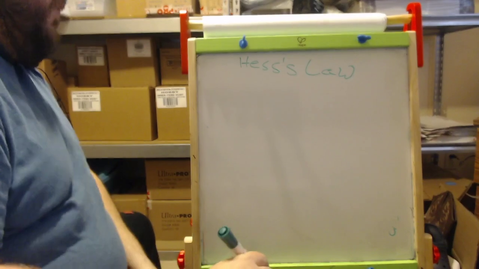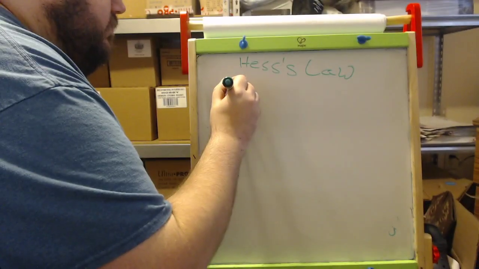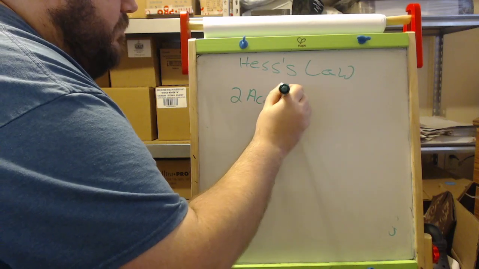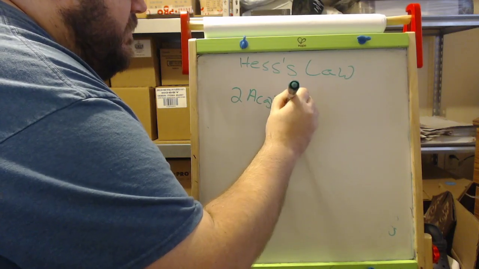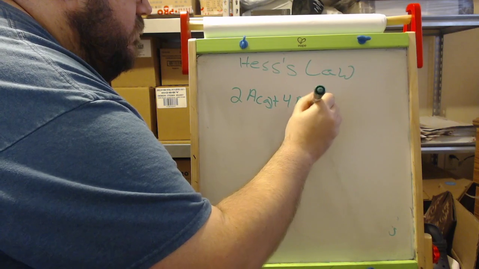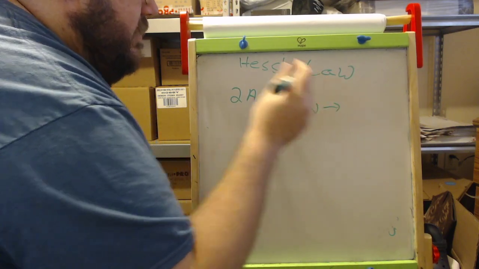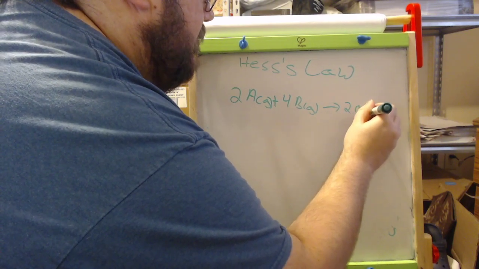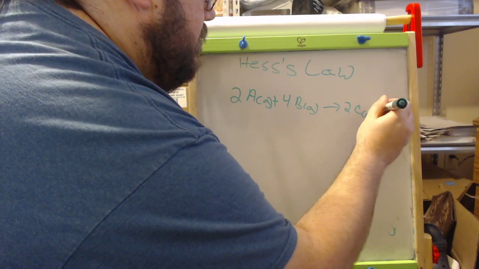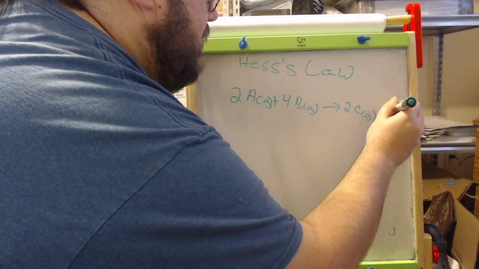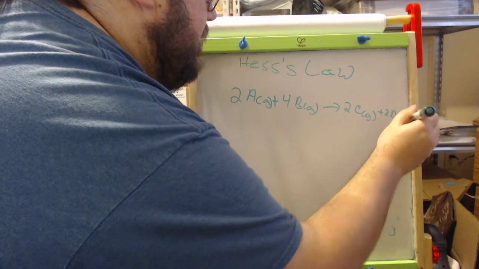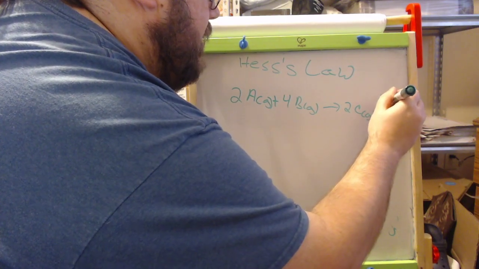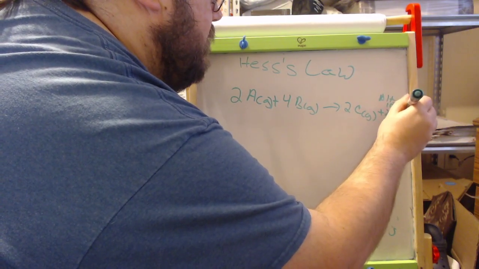So let's say I have the following reaction. 2A gas plus 4B gas yields 2C gas plus 2D gas. And they tell us the delta H for this reaction is 100 kilojoules.